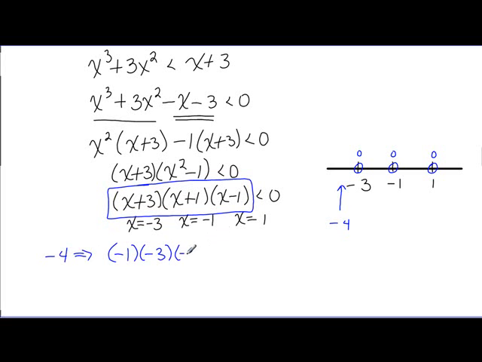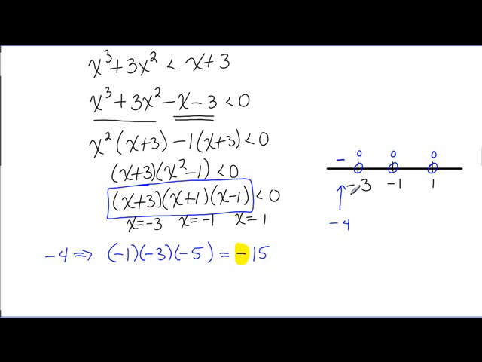If we multiply those three negatives together, we're going to get negative 15. What's important to me is not the 15, but the negative. So I'm going to indicate above the number line that I have a negative section. And then I'm going to move on to the next section.